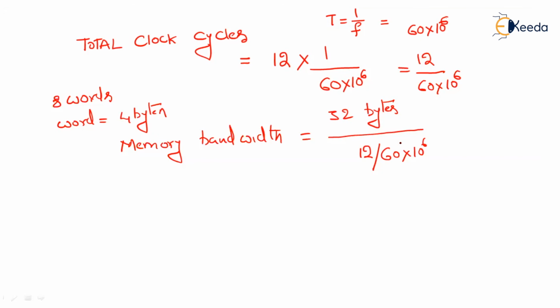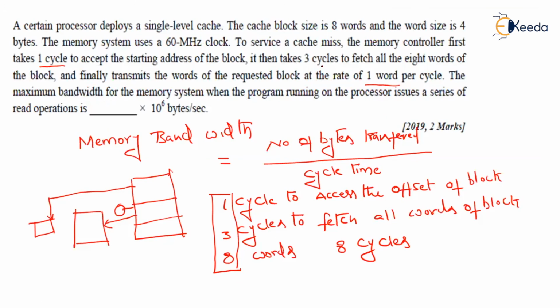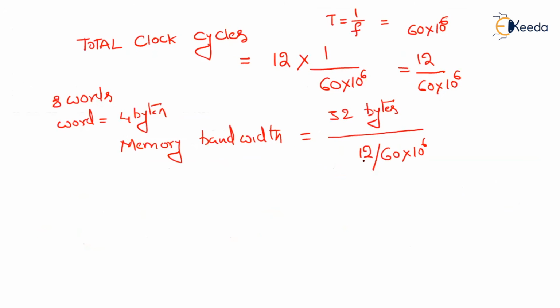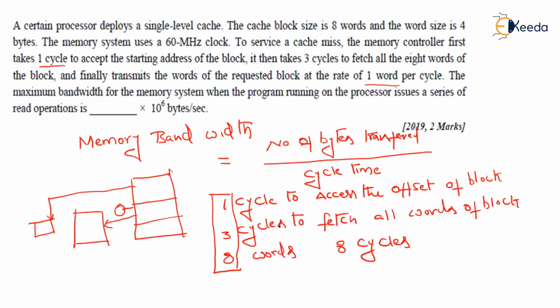Memory bandwidth is number of bytes transferred divided by cycle time. So that is 32 bytes by 12 divided by 60 into 10 power 6.